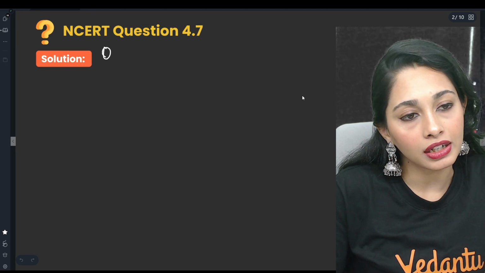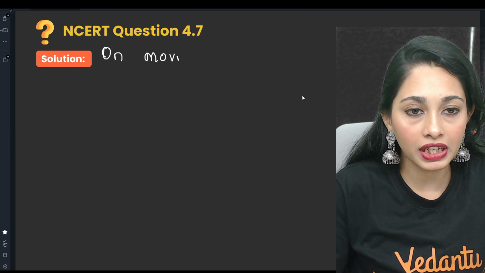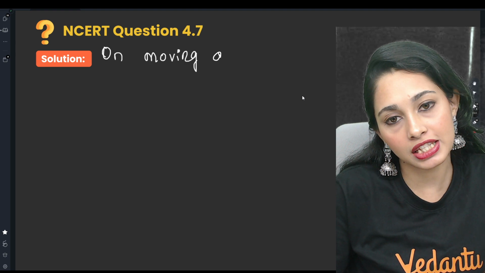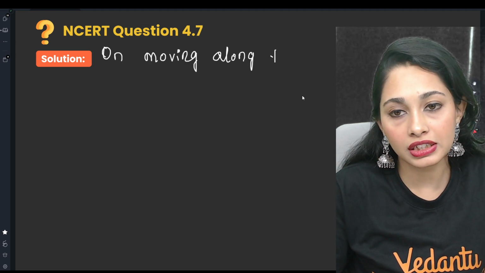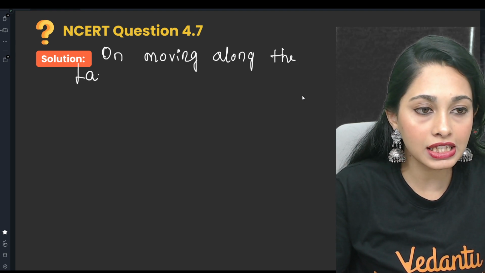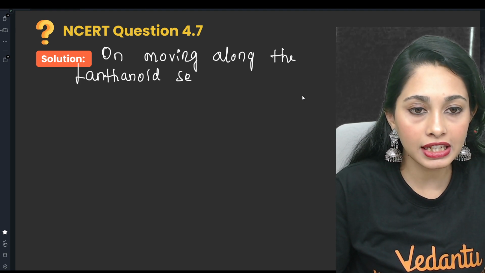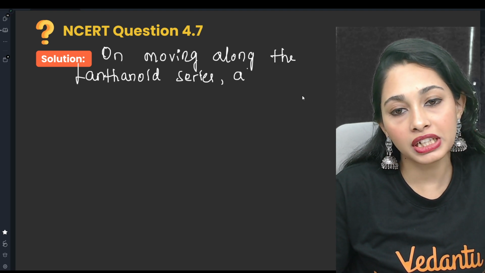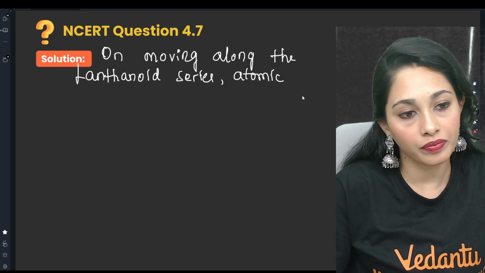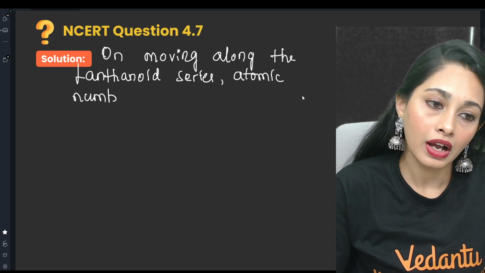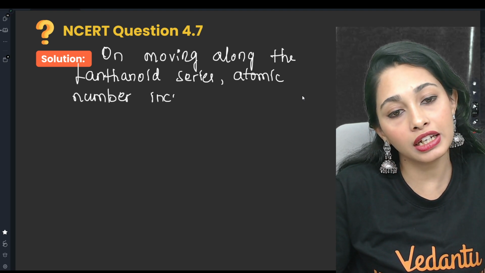So on moving along the lanthanoid series, atomic number increases, and it increases by 1.